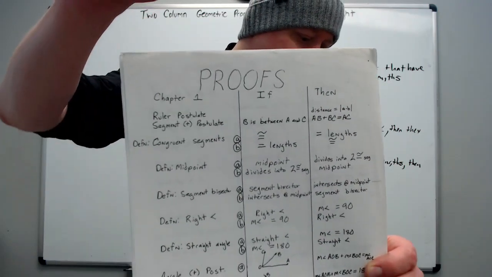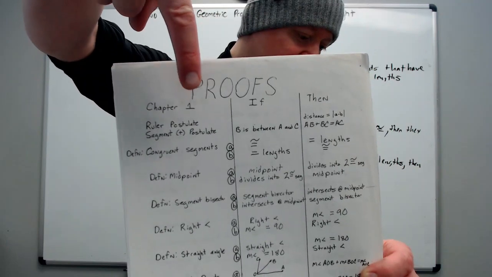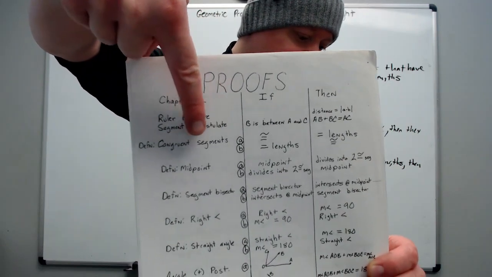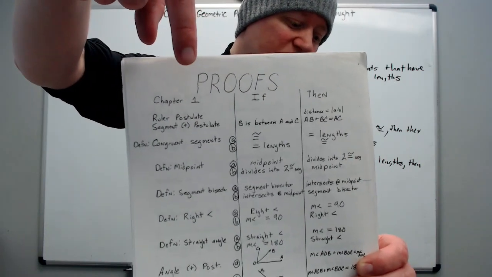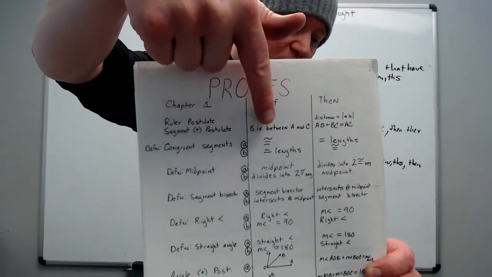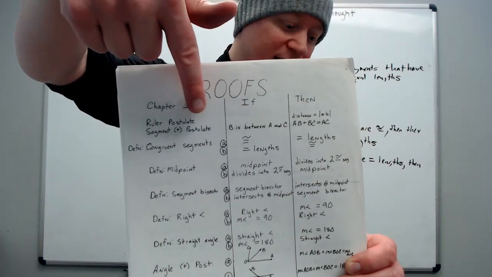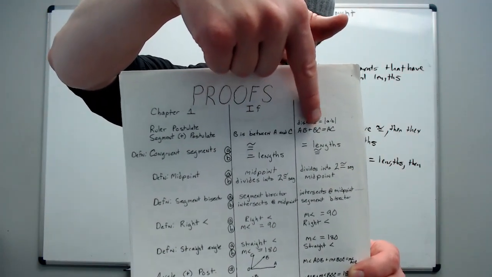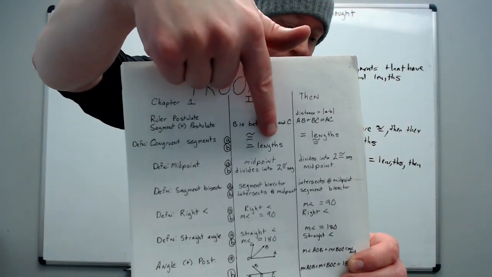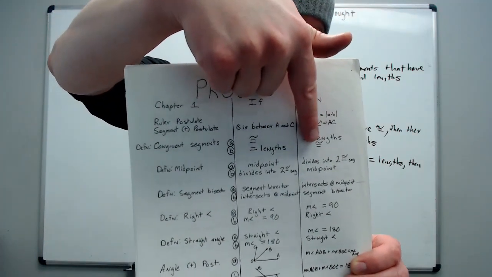Okay, then you'll see what we just wrote. Definition of congruent segments is right here. It's got two versions, an A version, and you don't have to write all the words. You can just say if congruent. So basically, what's congruent? Well, what do you think? The segments, right? So if segments are congruent, then they have equal lengths, and the B version is if equal lengths, then they are congruent, right?